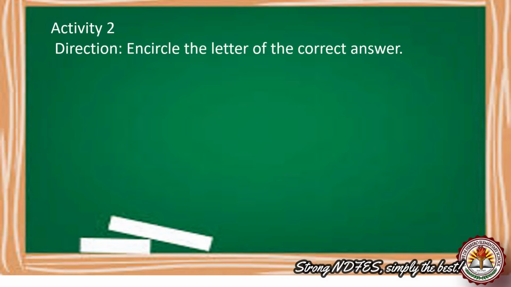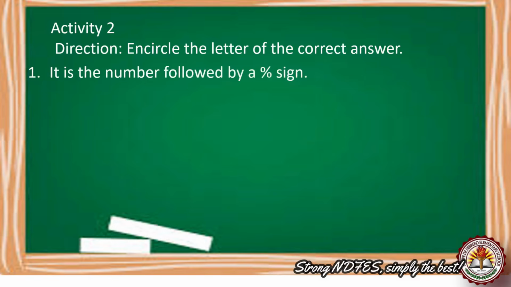Okay, children, for our activity number 2, direction, encircle the letter of the correct answer. Number 1. It is the number followed by a percent sign. A, base, B, percentage, C, rate, D, ratio.